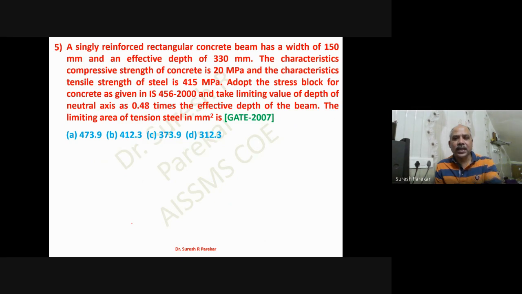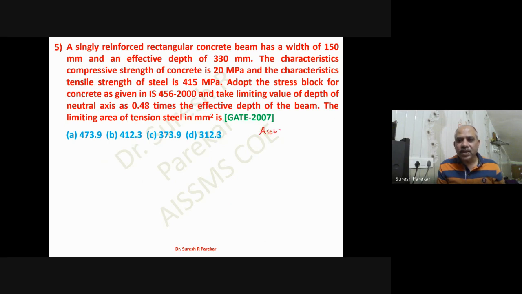Then again a singly reinforced section is given. The characteristic strengths are given, and adopt the stress block for concrete as given in IS 456 2000, and take the limiting value of depth of neutral axis as 0.48. The limiting area of tension steel means again here we have to go for AST balance. Other values are given.